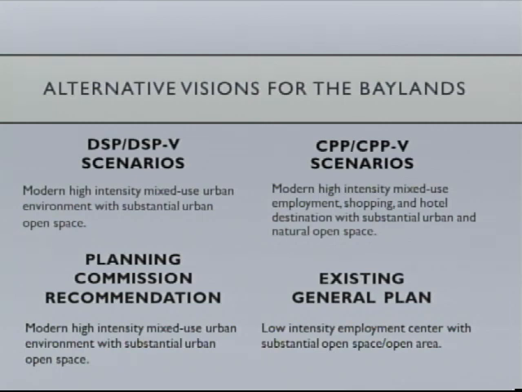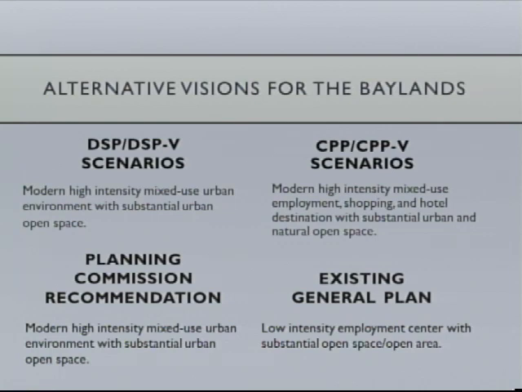The CPP scenarios, the community prepared plan, again, a modern, high intensity, but mixed use, meaning employment, shopping, and hotel as a destination with a combination of urban and natural open space. So a slightly different mix, but also fairly high density.